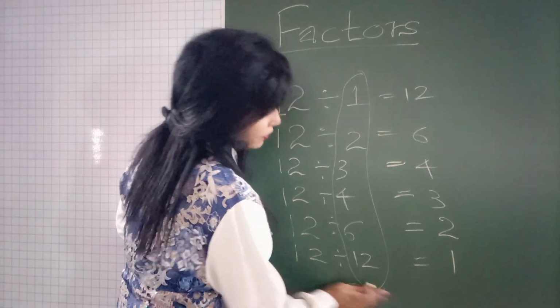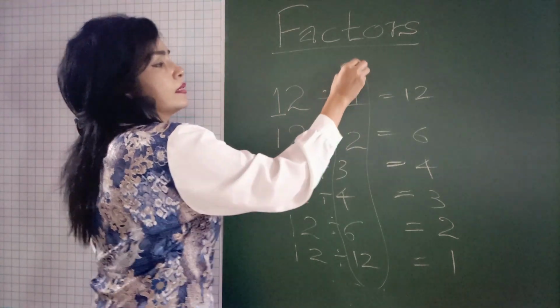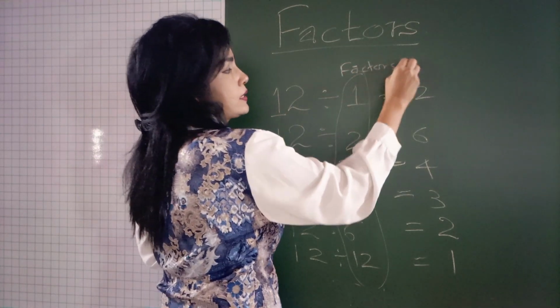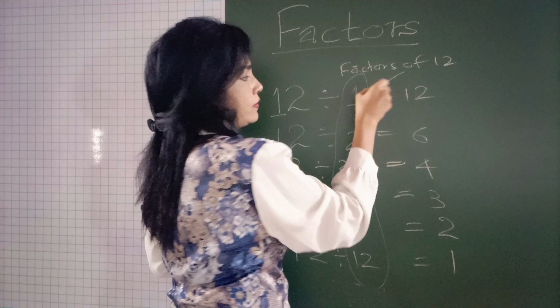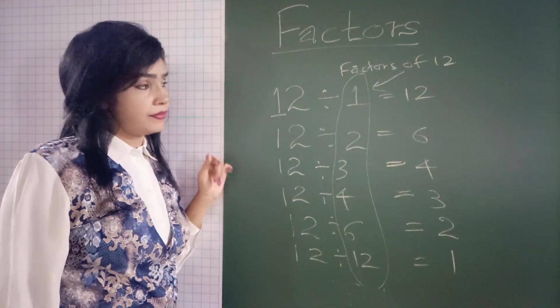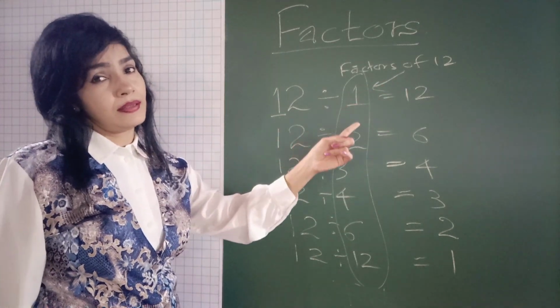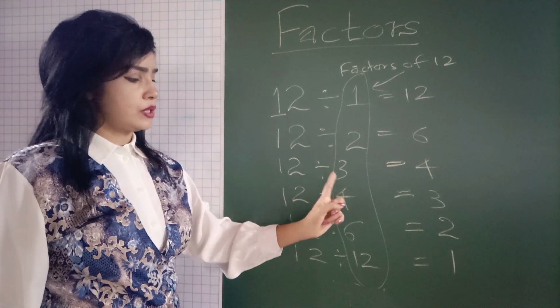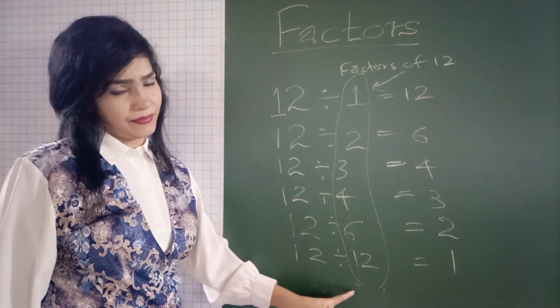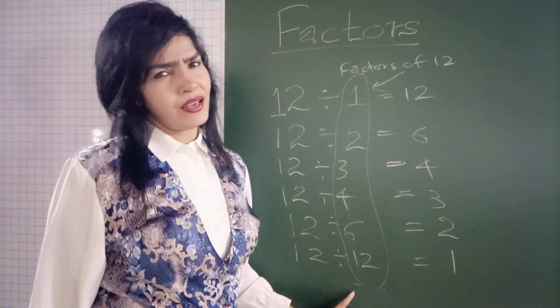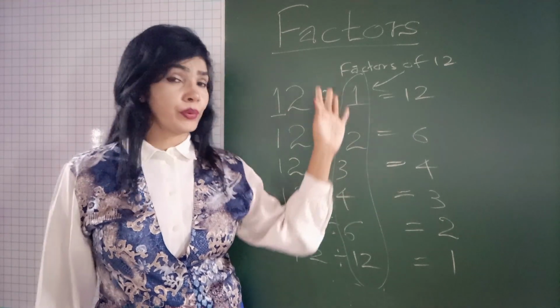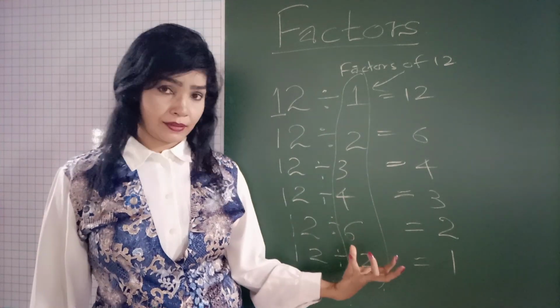Can you see the board? Okay, I'll write here. These are the factors of 12, right? What are the factors of 12? 1, 2, 3, 4, 6, 12. But there's an easy way of getting this because you don't want to repeat the same process, right?